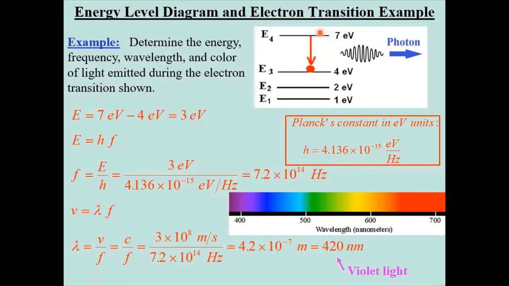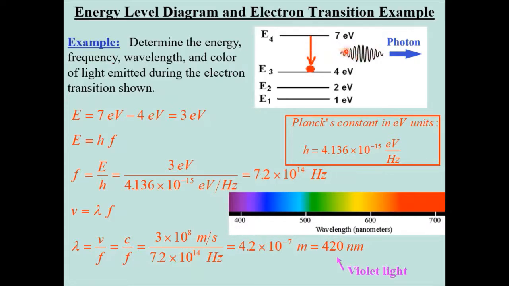What this diagram shows is there's an arrow going from the 4th level down to the 3rd level, and this red dot right here represents our electron. So this is an electron transition or change from E4 down to E3. And we know when an electron jumps down, it has to emit a photon.